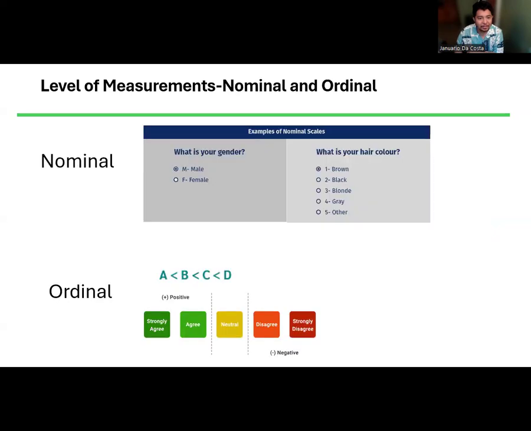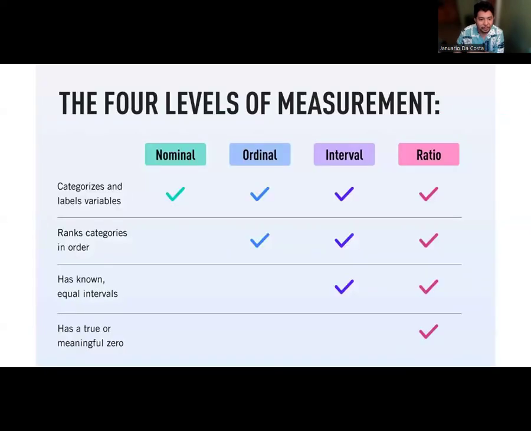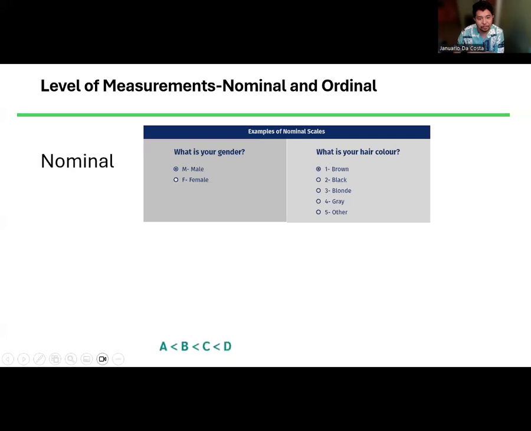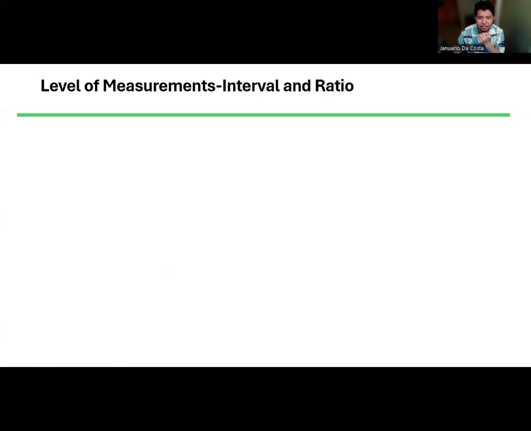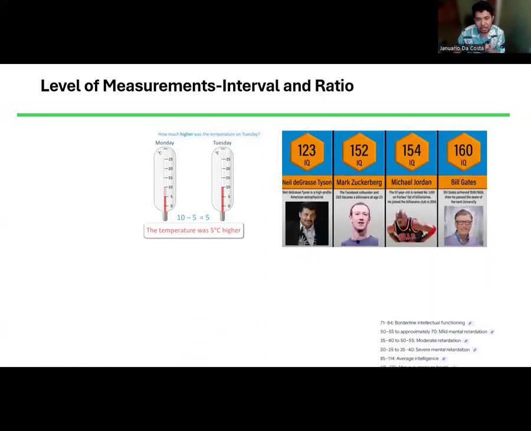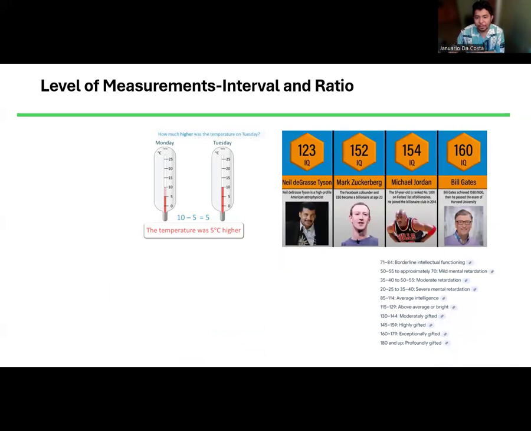No true 0, or the 0 is not meaningful. Temperature 0 is not meaningful. For example, for IQ, borderline intellectual functioning. Average intelligence is between 85 to 114. Yeah, that's IQ by the way.